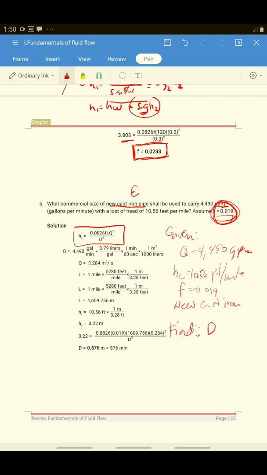Okay, so here you convert Q into cubic meter per second. Your units must be consistent. If you like metric, it's okay. If you like English, it is okay.